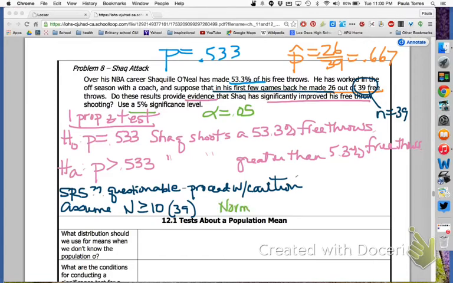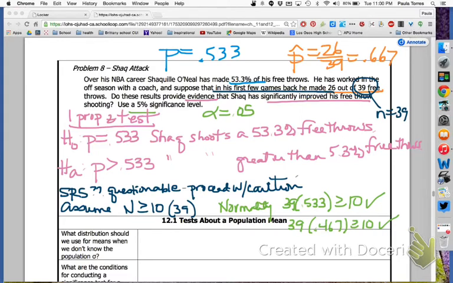So for the normality check, I'm doing 39 times 0.533, using the p-naught, and 39 times 0.467, and making sure that those are both greater than or equal to 10. And so then I'm ready to actually do my calculation.